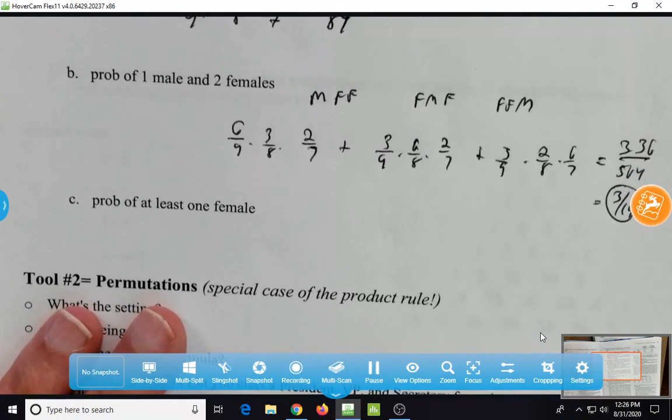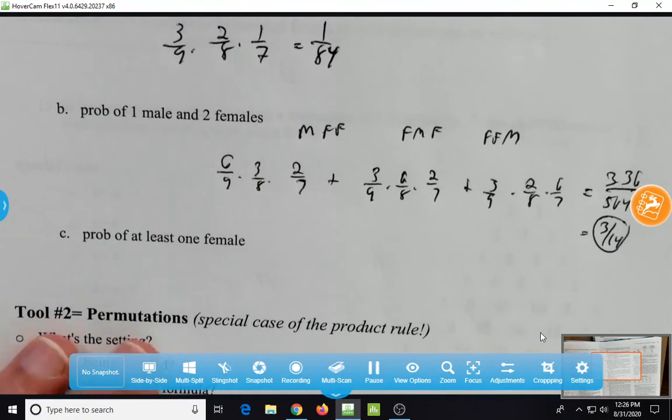You said 3/14? Is that what you got? Did anybody get that far ahead and get the same number?